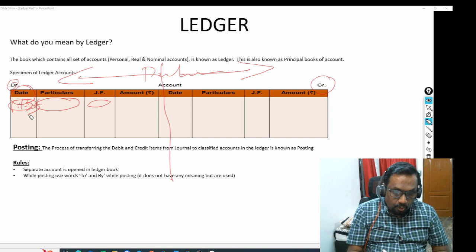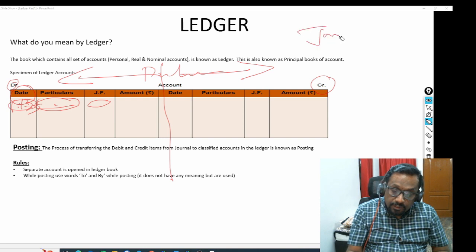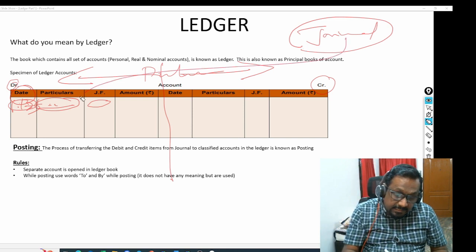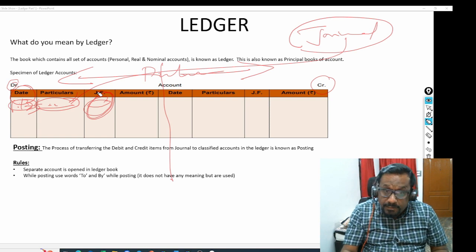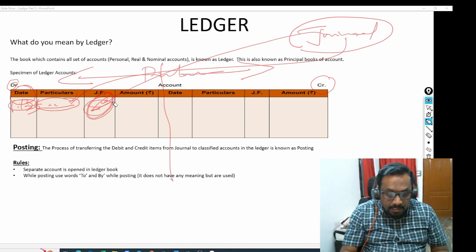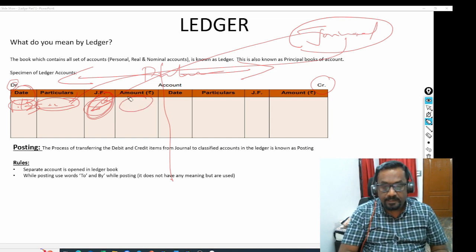When I record this transaction here, it would have come from the journal. From which page of the journal has this transaction come? That page number you need to put here, and the amount you need to put here.